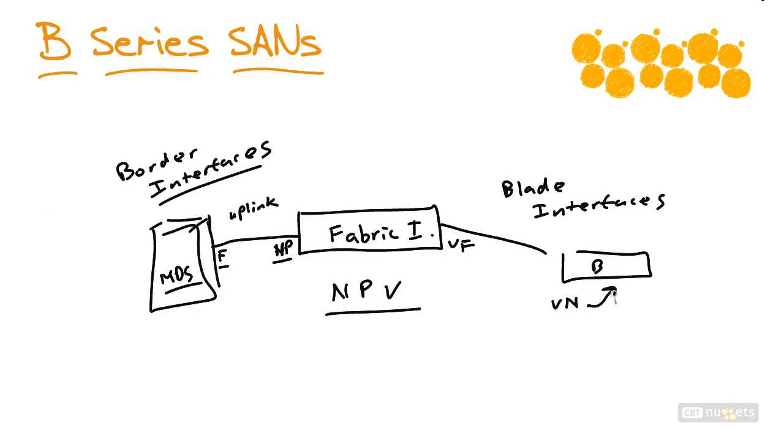This would be like a fiber channel over Ethernet converged network adapter that we have inside of our B series. So we've got N port virtualization mode for our Fabric Interconnect. This creates our proxy node ports on the uplink side, and it creates virtual node ports or virtual fabric ports on the blade interface side. There's our virtual node ports down on the converged network adapter.